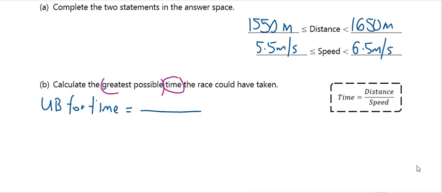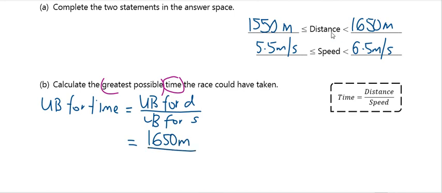So let's have a look. The first quantity is distance. Since you're going to find the upper bound for time, you start with the upper bound for distance, D, over the lower bound for speed, S. So let's plug in the values. The upper bound for distance is 1,650 meters, divided by the lower bound for speed, 5.5 meters per second.